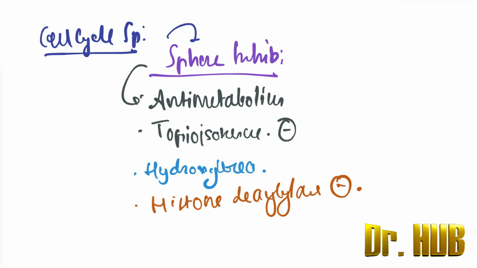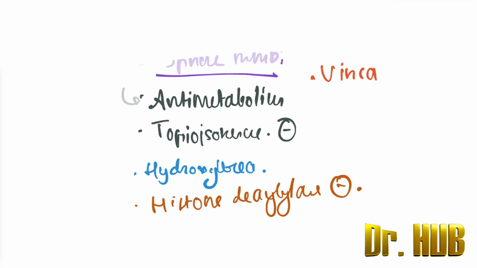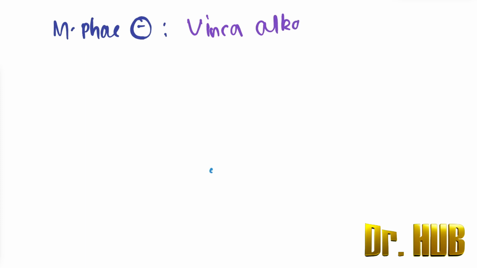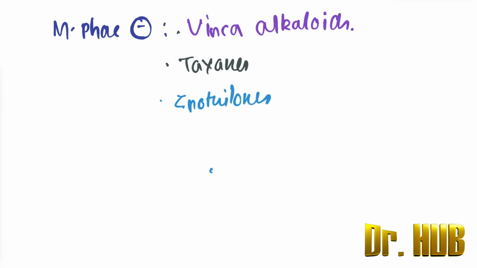Next, let's look at the M phase inhibitors. The M phase inhibitors include the vinca alkaloids, then the taxanes, and there are also the epothilones.